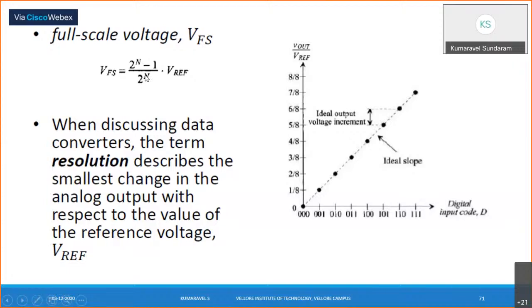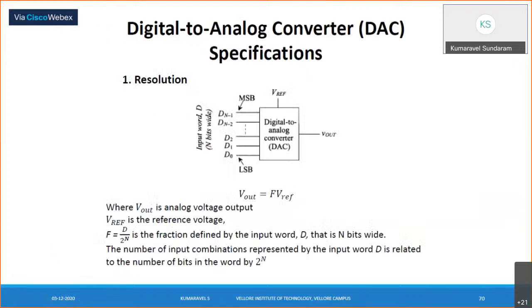So it can go up to 7 by 8 times of Vref, the full scale voltage. So 001 means 1 by 8, 010 means 2 by 8. The equivalent D is nothing but 2. 010, the decimal equivalent is 2. 011, the decimal equivalent is 3. That's what F is equal to; like that, V out equals F into Vref.